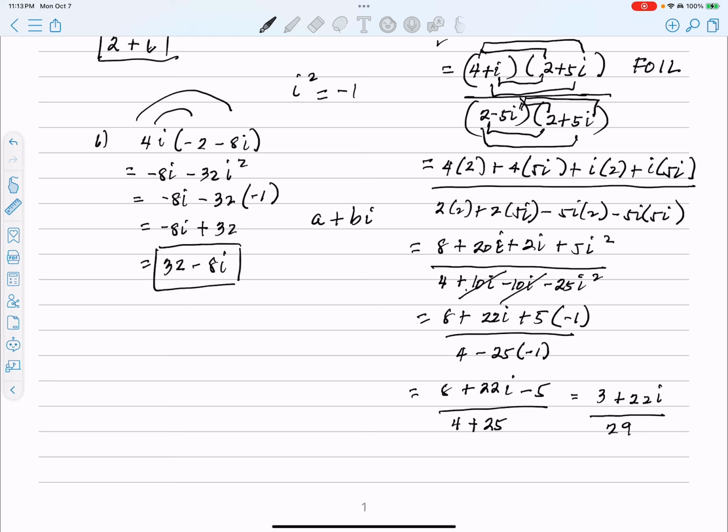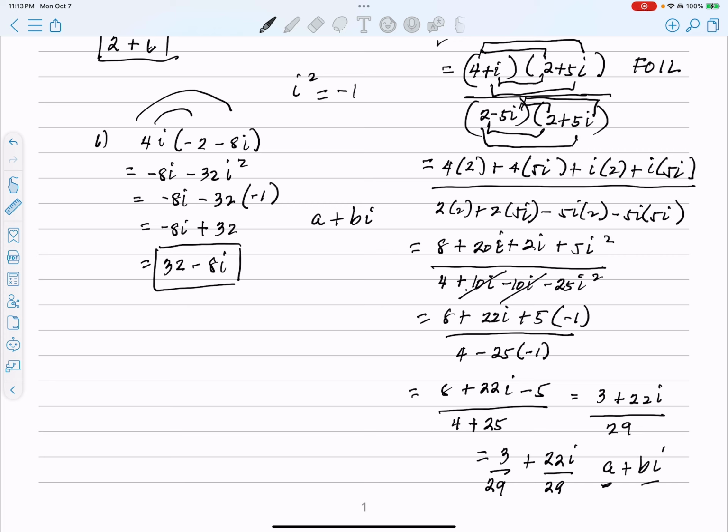So your answer, this is not the final answer yet. You have to break it down. 3 over 29 plus 22i over 29. Remember that the complex number should be in the form of a plus bi.